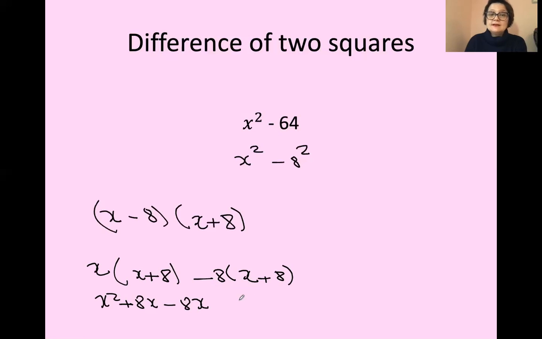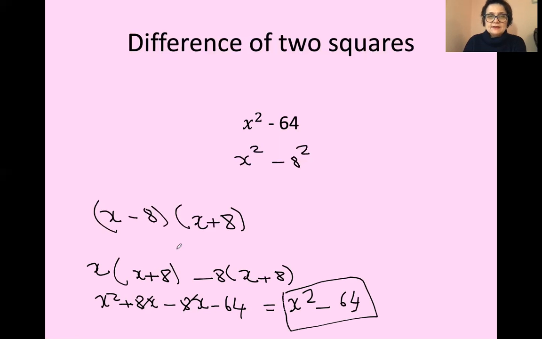Now minus 8 times plus 8 becomes minus 64. We cancel 8x and minus 8x. And then the final answer is going to be x to the power of 2 minus 64. So can you see? This one is the same as this one here.